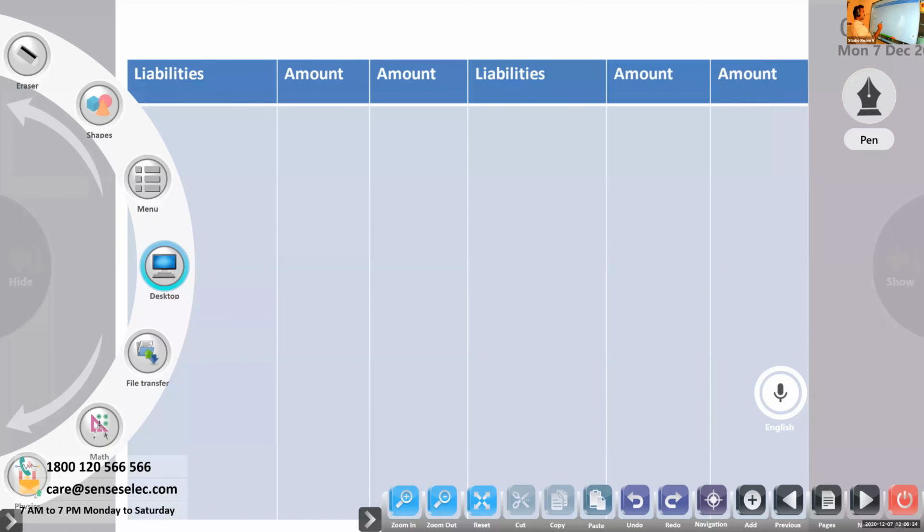Closing capital, that is a negative figure, 25,000.